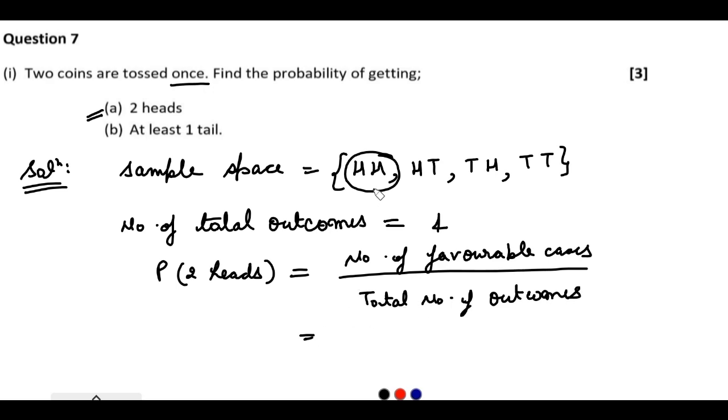Number of favorable cases is 1 and total number of outcomes is 4. It means the probability of getting two heads is 1 by 4.